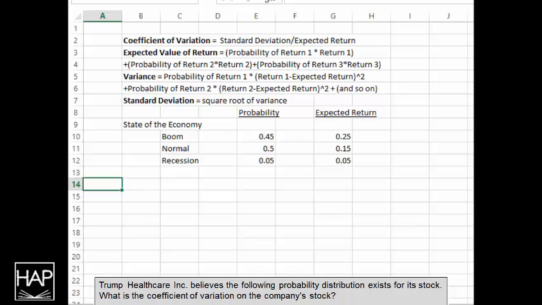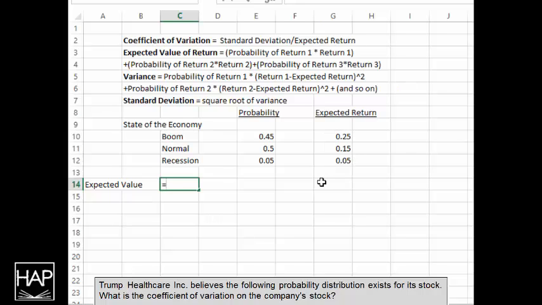In order to calculate the expected value of return, I need to take the probability of each situation and multiply it by the expected return.